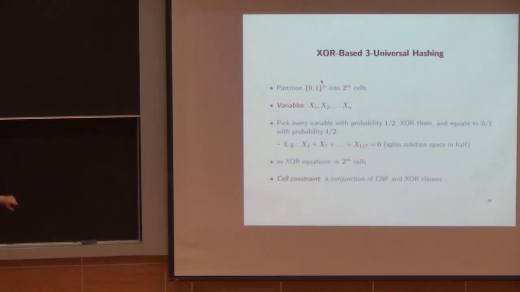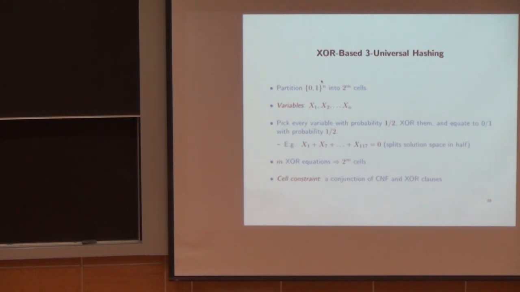You put it in or not, and the sum is going to be, again, 0 or 1. So you get linear equations modulo 2, and this splits the solution space into 2 by adding this, what we call, you can also think of it as parity constraints. So this is linear equations modulo 2, and I use m such equations that give me 2 to the m cells.